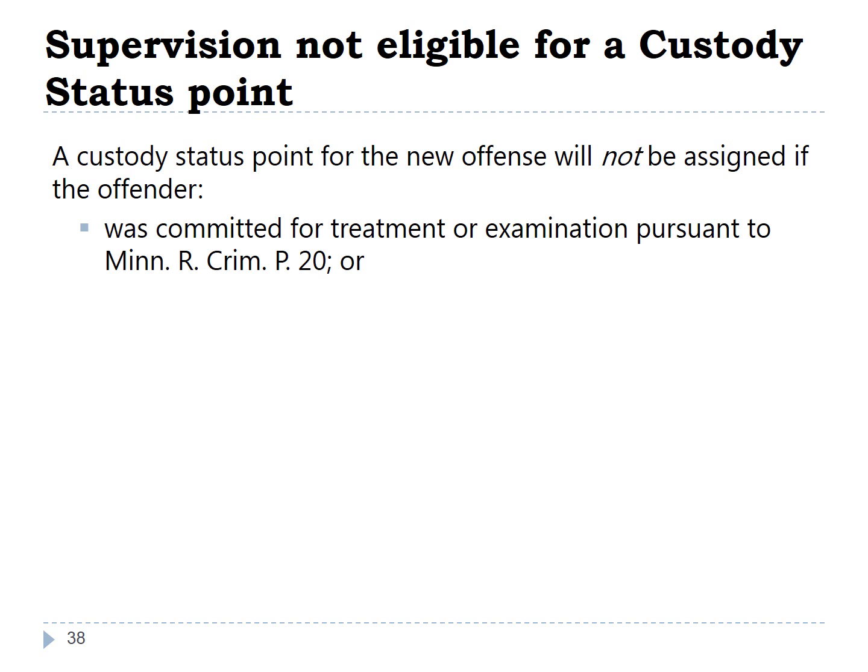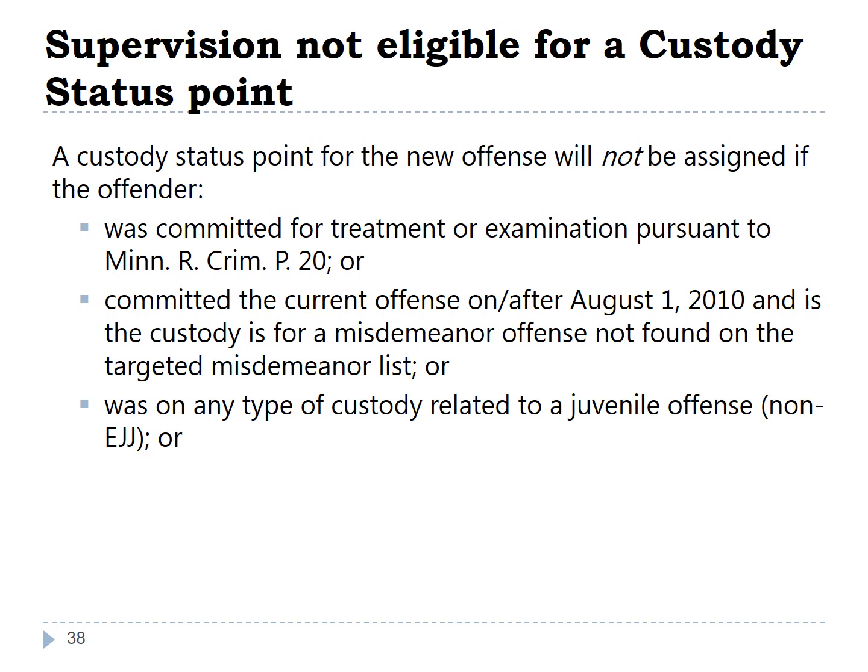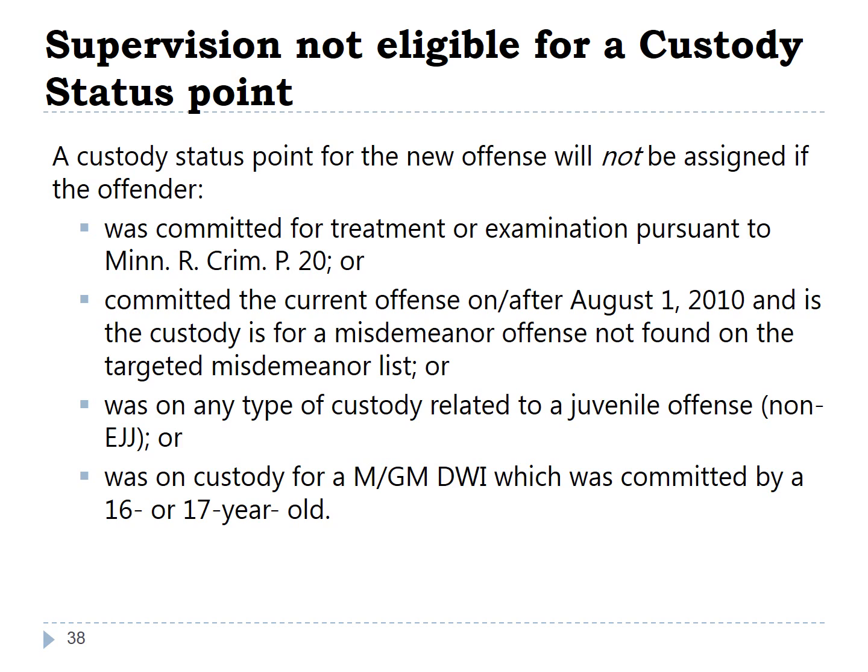Let's just take a minute and recap under what circumstances a custody status point will not be assigned. Confinement for any kind of treatment or exam under a Rule 20 doesn't count. If the current offense occurred on or after August 1st of 2010 and the custody status thereunder is for a misdemeanor, but that misdemeanor is not found on the targeted misdemeanor list, it will not count.